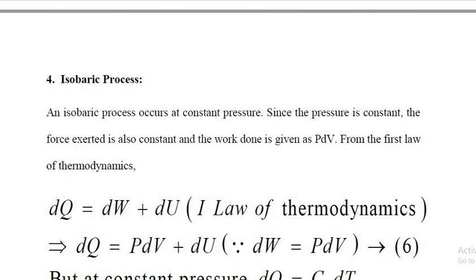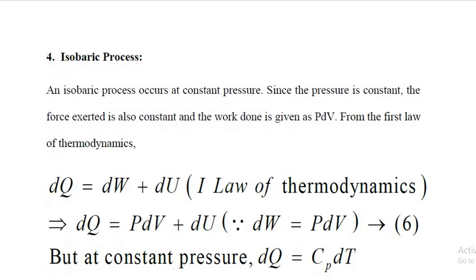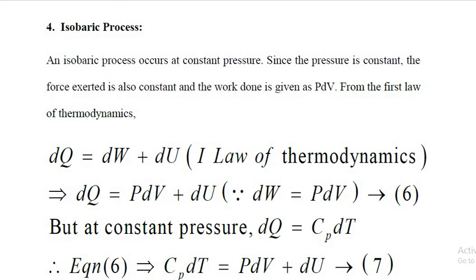Next is the isobaric process. An isobaric process occurs at constant pressure. Since the pressure is constant, the force exerted is also constant, and the work done is given by P into dV. Once again, from the first law of thermodynamics, dq is equal to dw plus du.